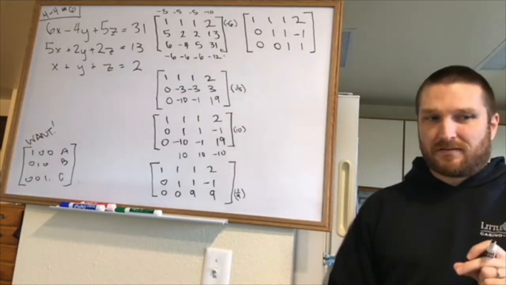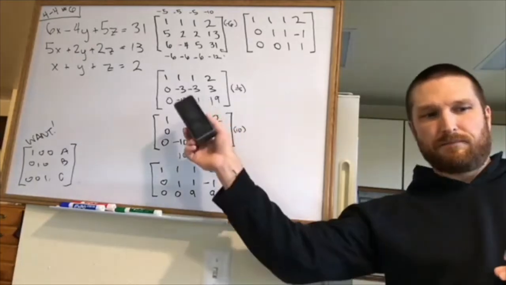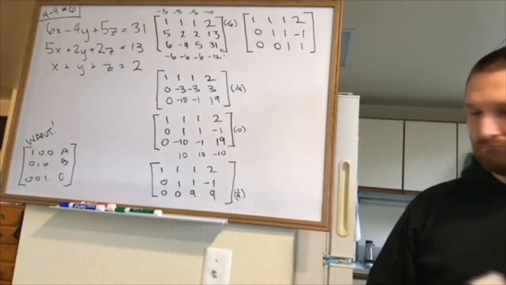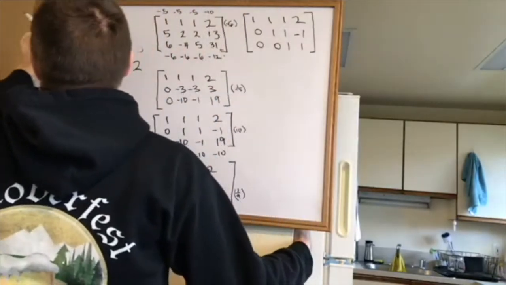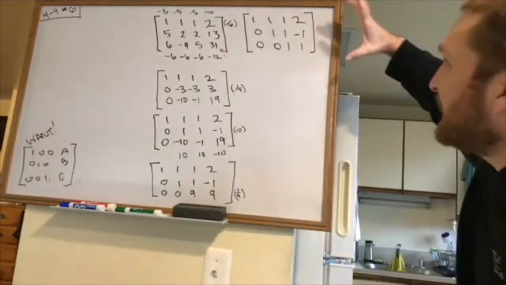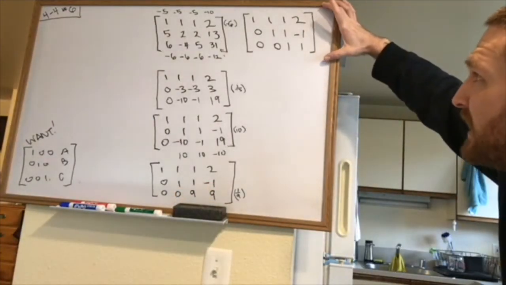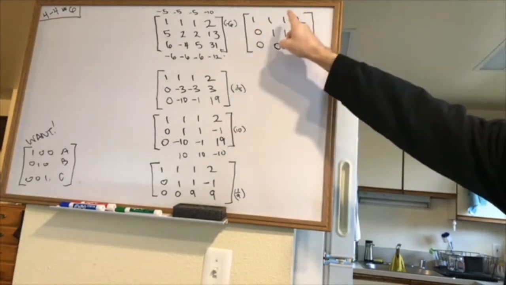At this point, I'm going to go ahead and erase the original system that we wrote down. I want some room for what I'm about to do. At this point, what we could do is say, wait a second, this thing that you have right here tells me that x plus y plus z equals 2.